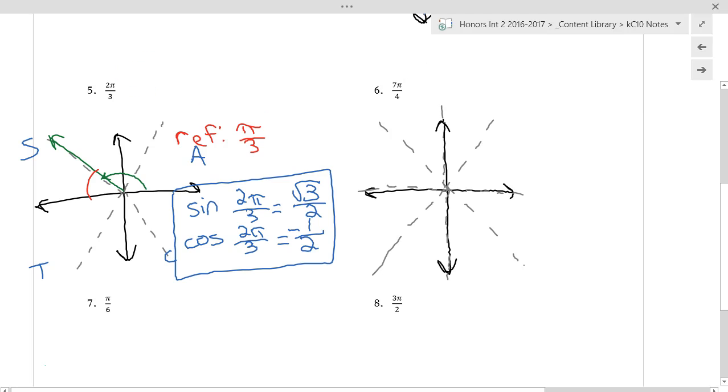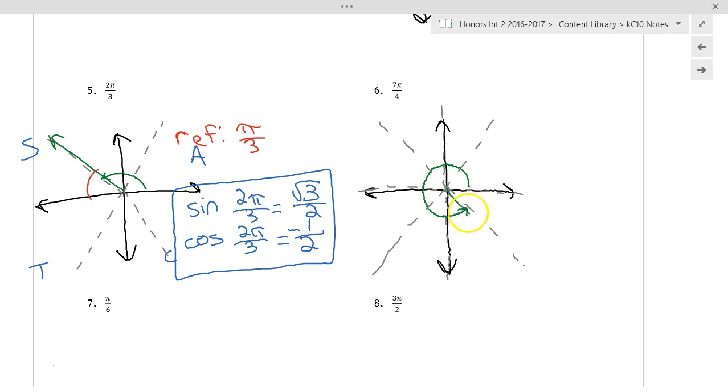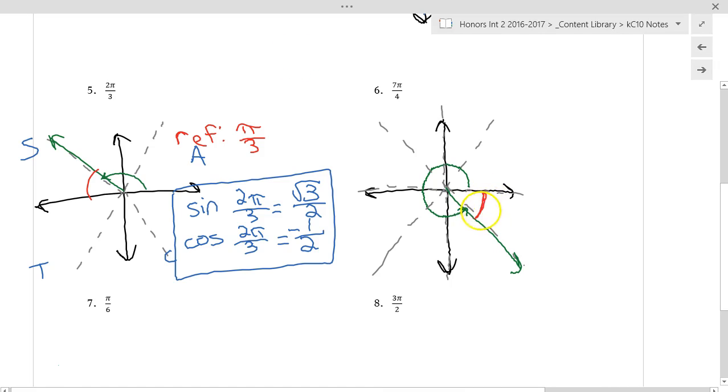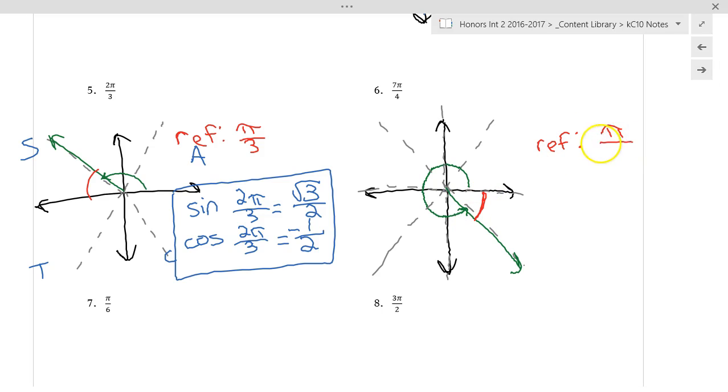I'm going to count 7 of them: 1, 2, 3, 4, 5, 6, 7. And down here in the fourth quadrant, this is my reference angle. It is one section out of 4.